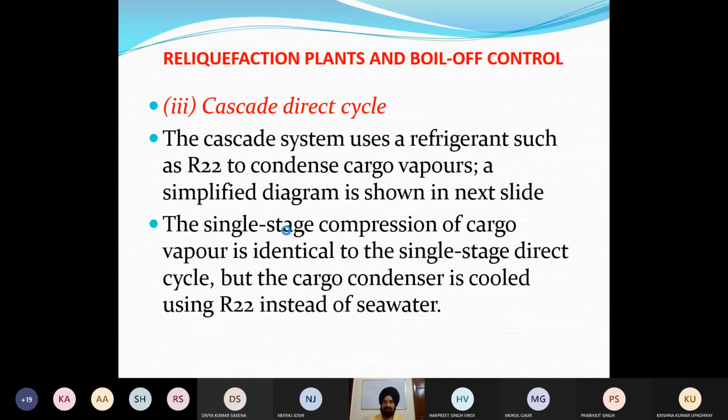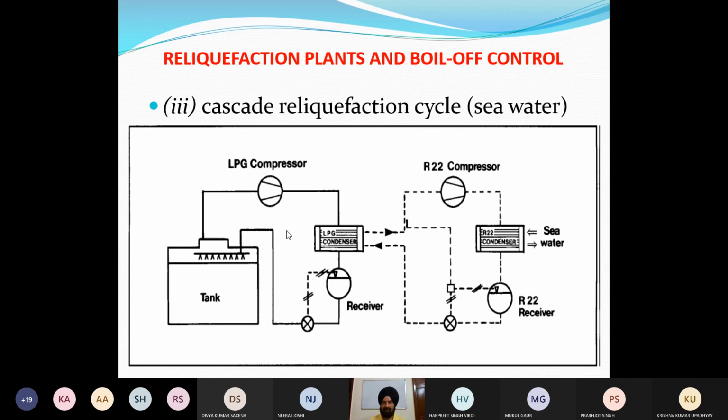So in this case, again we have cargo vapors and a compressor. Now here, this is a condenser which is cooled by this refrigeration system. So this is another refrigerant cycle that is running. This is getting cooled by seawater, and this refrigerant is cooling this condenser. So this is an additional system.